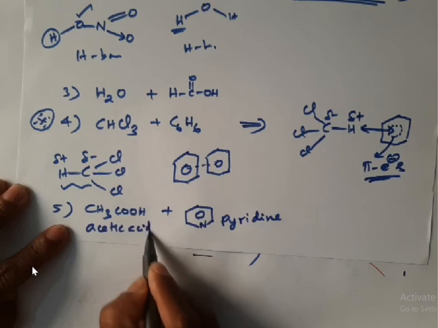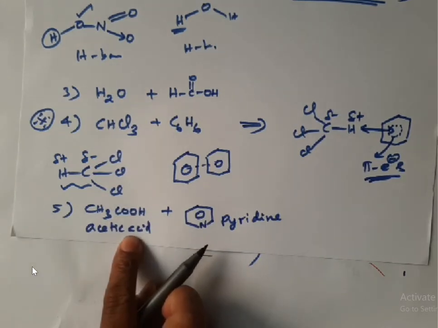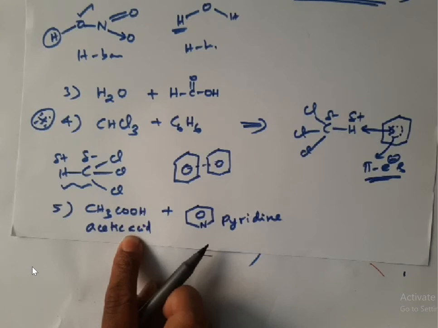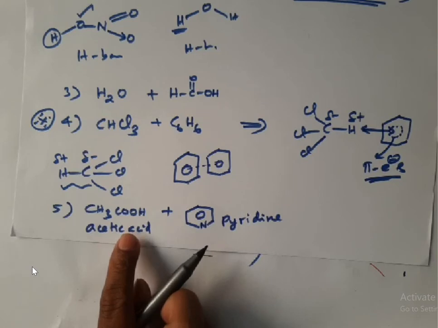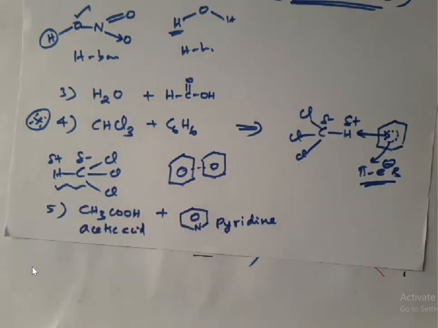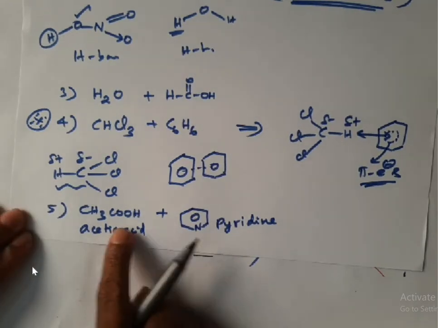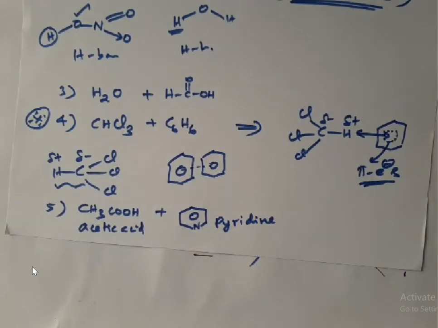I am giving you the common name, and you know very well that for organic compounds we have a common name as well as an IUPAC name. Here I am giving you only the common name. The IUPAC name, since we have 2 carbon atoms, is ethanoic acid. So ethanoic acid and pyridine, this mixture will form negative deviation.